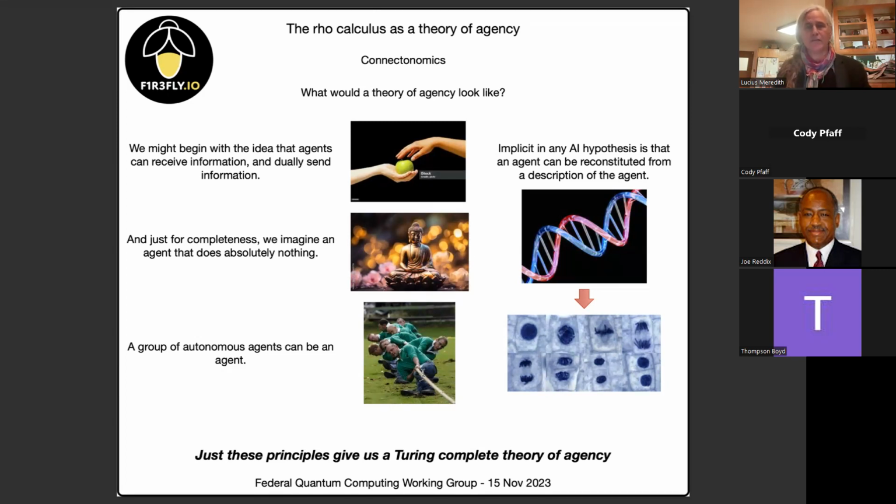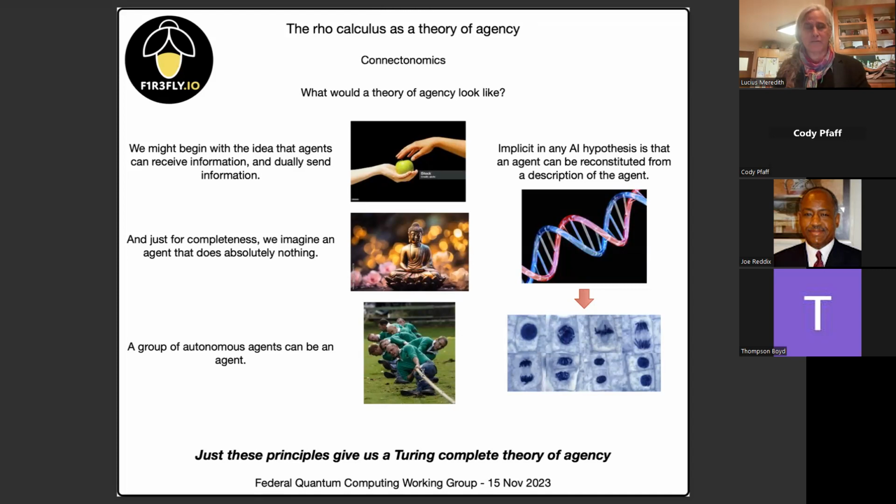So the first thought is that agents are not complete. They need to live in a world of exchange. So agents need to be able to receive information from the outside world or other agents, and also need to be able to send information to the outside world or other agents.